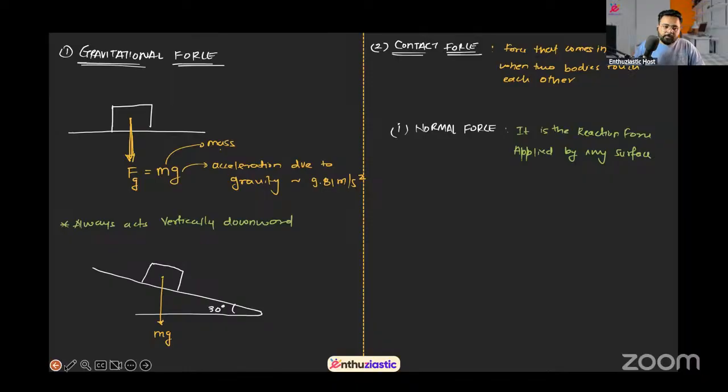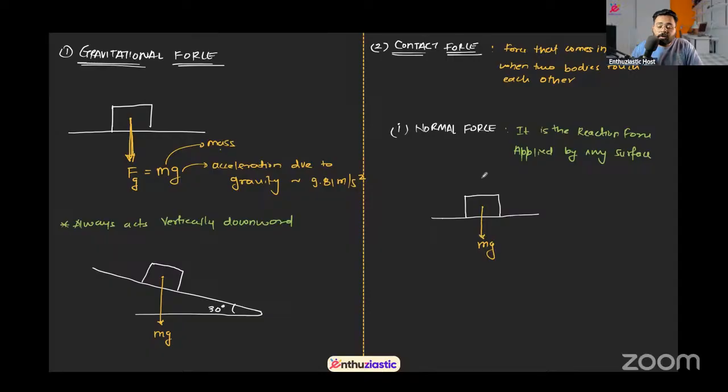Let me give you an example. Let's take the same example, the simplest one. If you have a surface and then you have a block, because of gravity, an mg force will be acting in the downward direction. This is the force due to gravity. Because this force is being applied on the surface, the block m is pushing the ground in the downward direction.